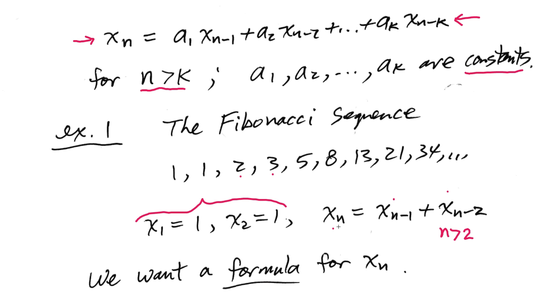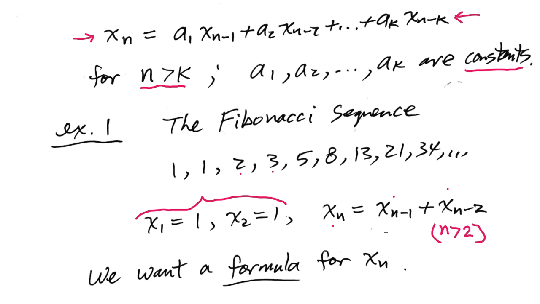If this is the nth term of the sequence, which we're representing as usual with subscripts, then the previous term would be x sub n minus 1, and the term previous to that would be x sub n minus 2. Now this is going to hold whenever n is greater than 2.